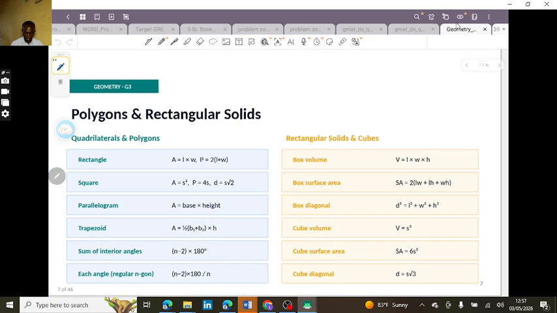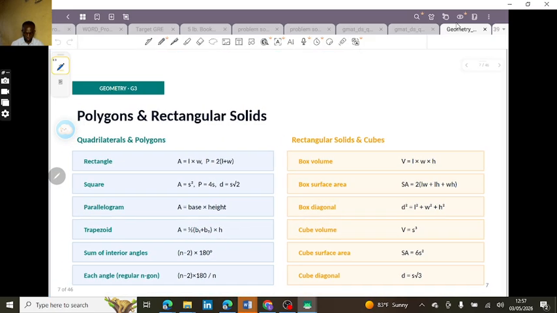Okay, polygons. This is an everyday thing. Trapezoid, also called trapezium. Parallelogram, base times height. Also remember that parallelogram is the main basis of most quadrilaterals.